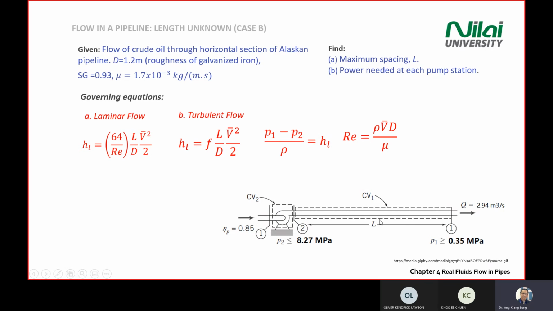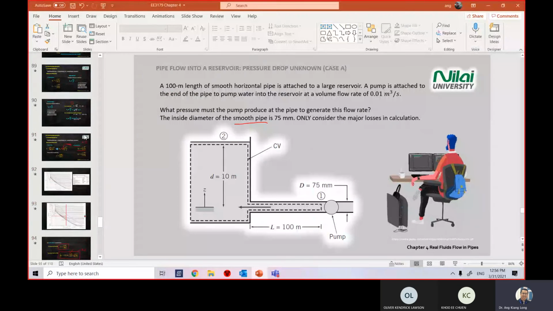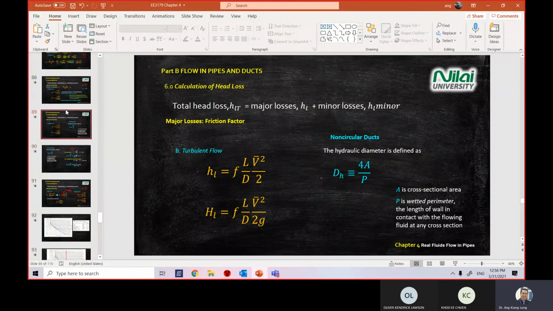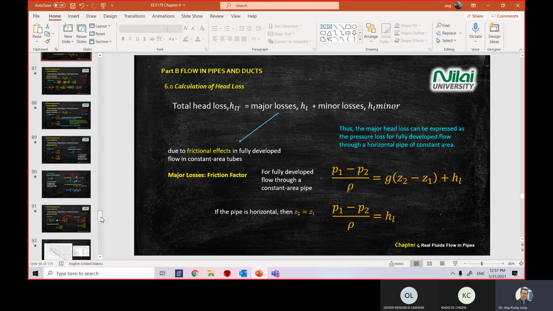If you do not have a level pipe, you need to use the original equation, P1 minus P2 divided by rho equals g times Z2 minus Z1 plus HL. In the final exam, most probably you won't have a horizontal pipe, so make sure you use this equation to find the answer. Take note, clear? Cook and Oliver.